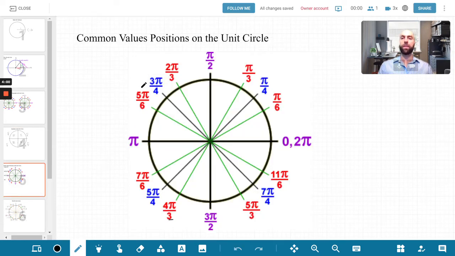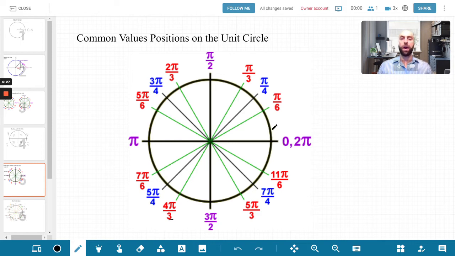The common values and positions on the unit circle. So, in radians, we start with 0, move counterclockwise around it until we reach the 2 pi location. It's easiest to think of this in terms of two different halves: the 0 to pi half, and the pi to 2 pi half.